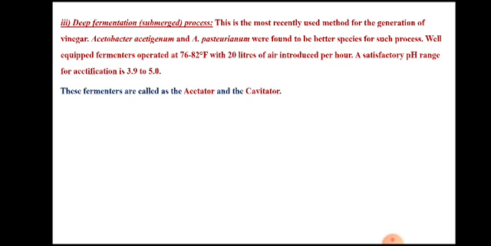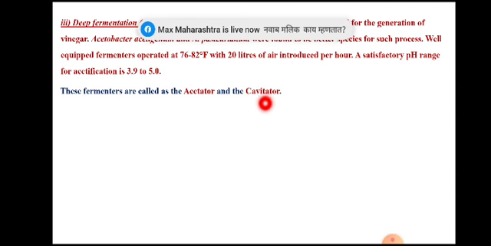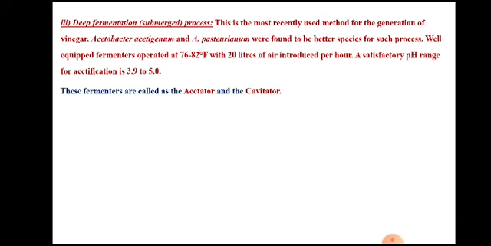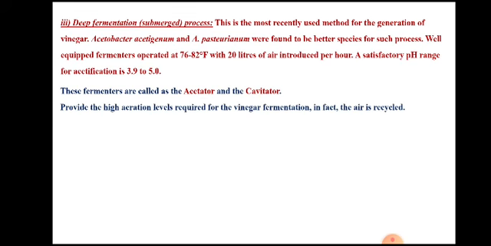So this is what you need to remember. The fermenters which provide the higher aeration capacity, specially manufactured for the production of vinegar, are acetator and cavitator. These fermenters provide the high aeration levels required for vinegar fermentation.